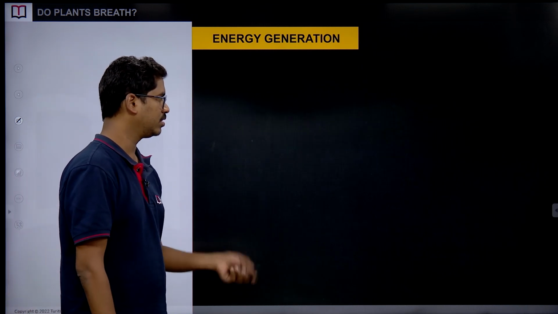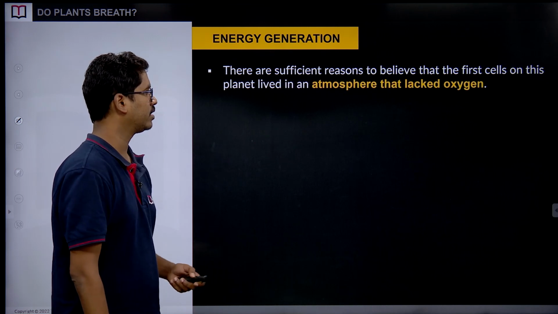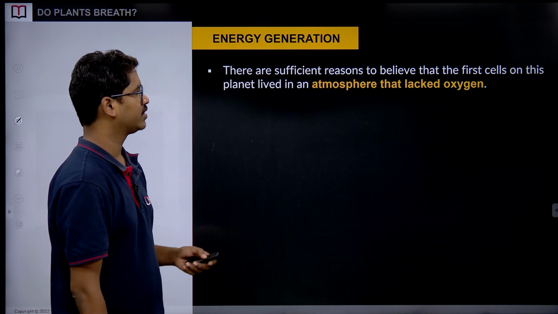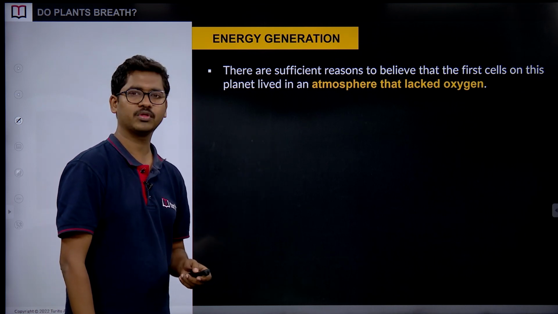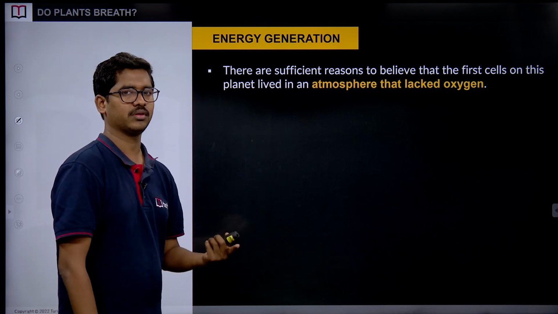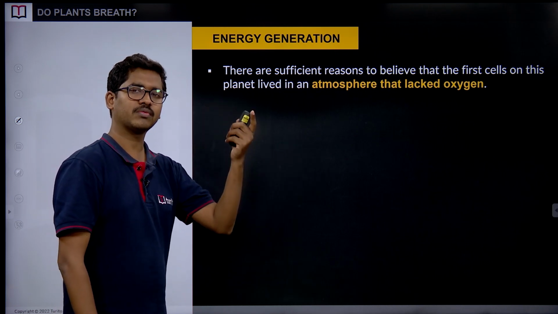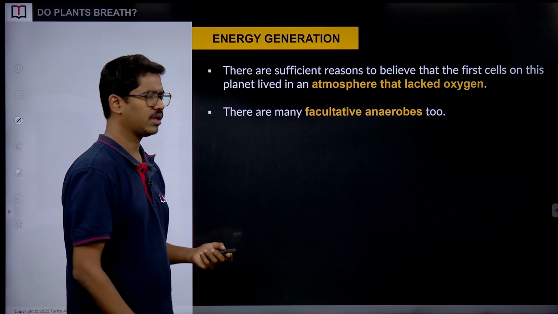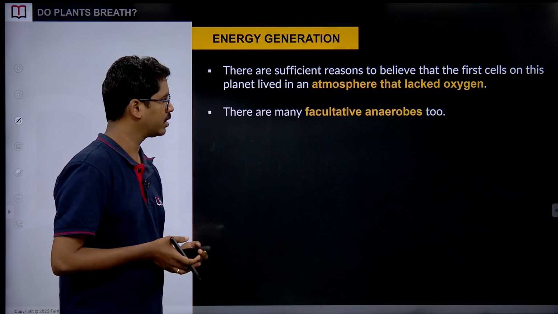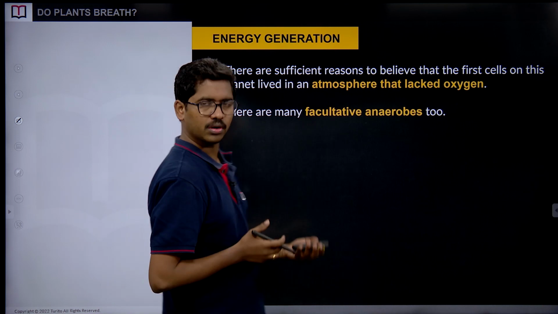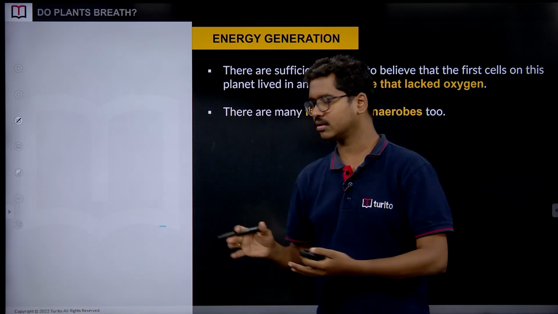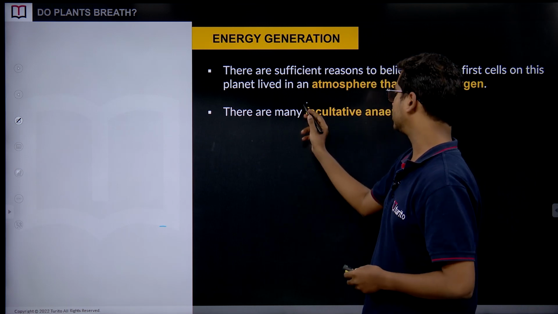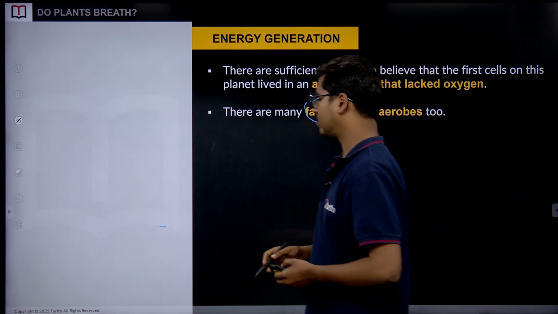So, regarding this process of energy generation, there are sufficient reasons to believe that the first cells on this planet lived in an atmosphere that lacked oxygen. Billions of years ago, when life just began, there was not much oxygen available. It was not there at all. Because there was no oxygen available, they had to be anaerobes. That is why it is mentioned here as facultative anaerobes.